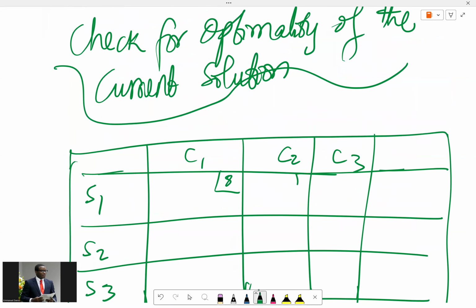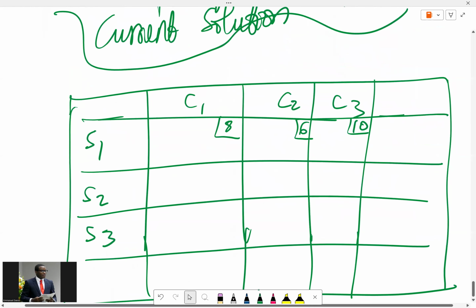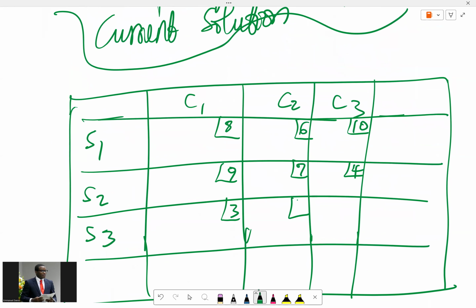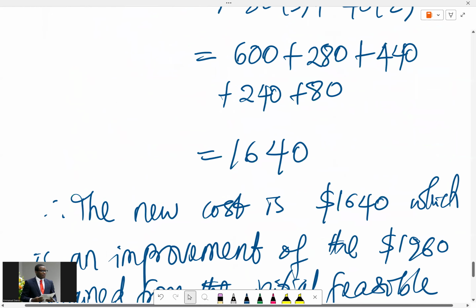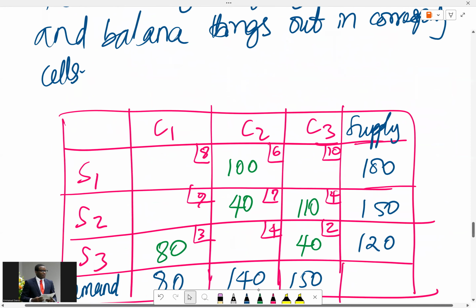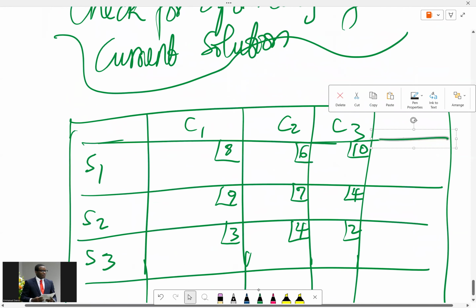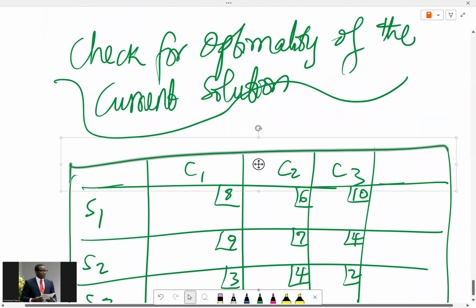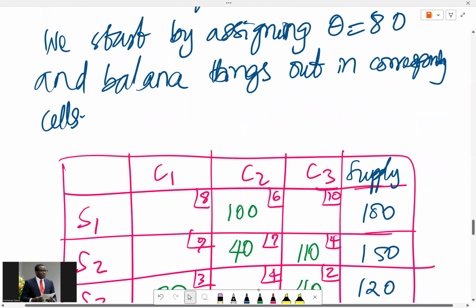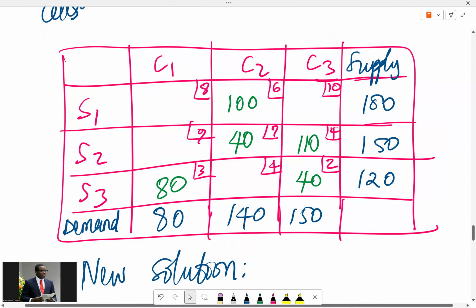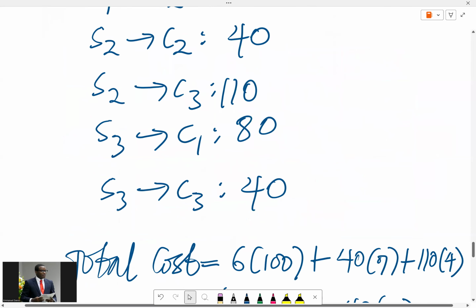So we have 8, 6, and 10, then 9, 7, and 4, then this is 3, 4, and 2. But now we have new assignments. This 100, that's 140, 110.